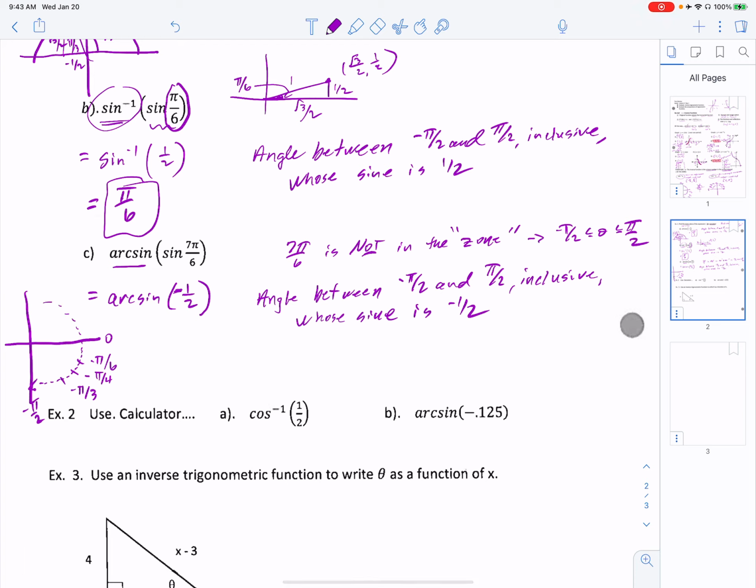So even though arc sine goes this way, since the ratio is negative 1/2, I've got to drop down and be in quadrant 4. And which of these would have a y coordinate of negative 1/2? Well, that would be your negative pi 6. That's where your y coordinate's negative 1/2. So the angle between negative pi halves and pi halves inclusive, whose sine is negative 1/2, is negative pi 6.